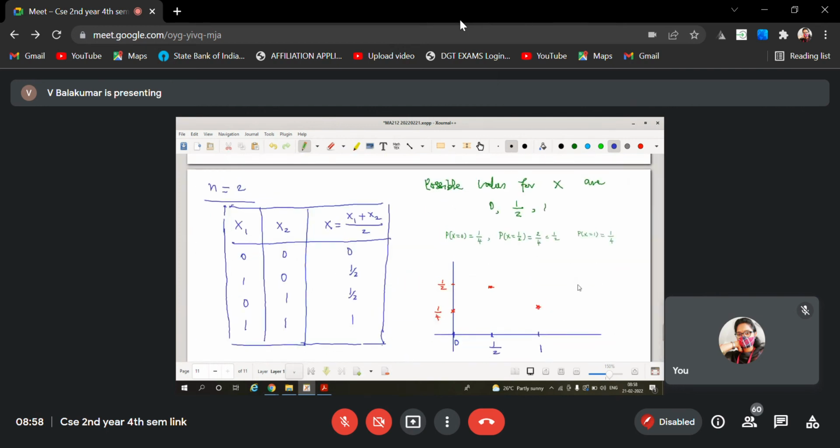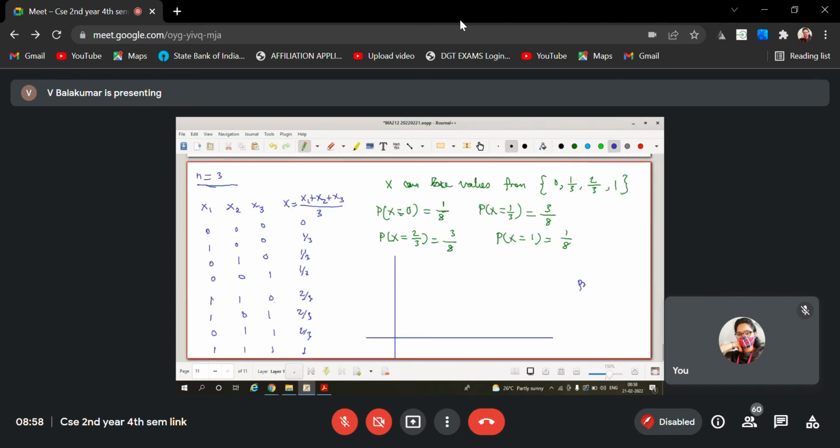Suppose this is the probability distribution of capital X. Here also I can write the probability distribution of capital X. Now I have values 0, 1 by 3, 2 by 3, 3 by 3.